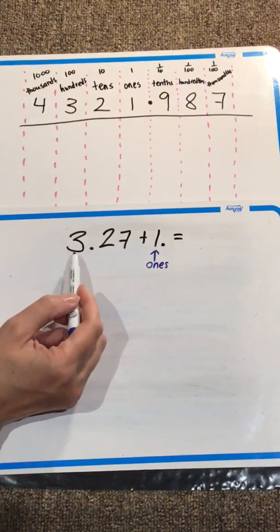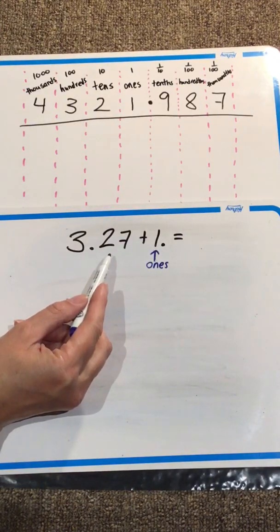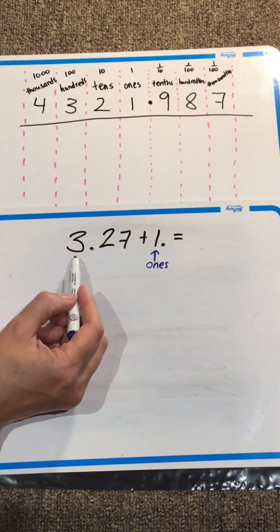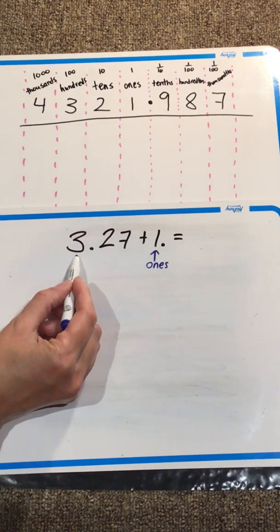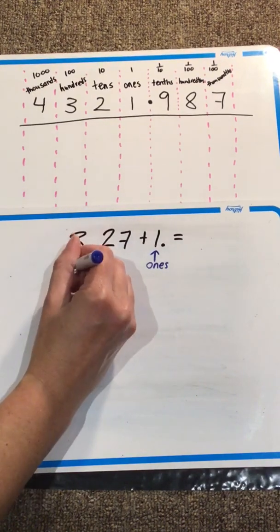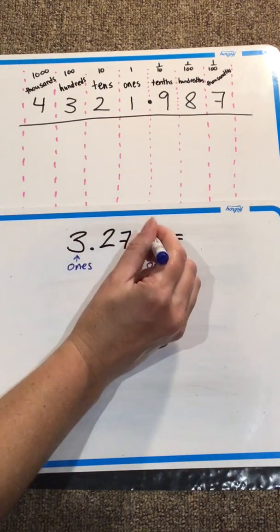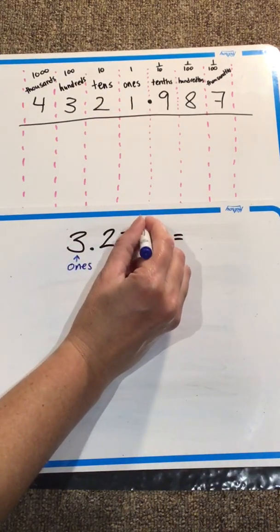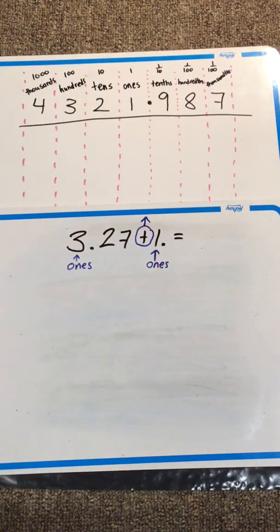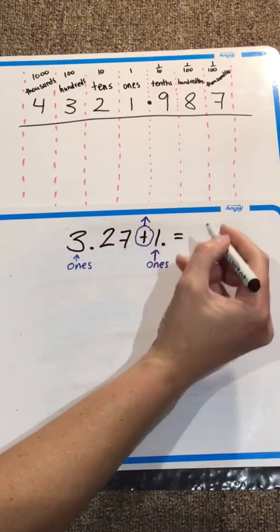So then we could look at the number 3.27 and we figure out which digit is also in the ones column. It's the 3, Miss Hughes, it's the 3. Okay, and then I look at the sign. It's adding, so that means we're going to go up by 1. Okay, so the ones column is going to change.